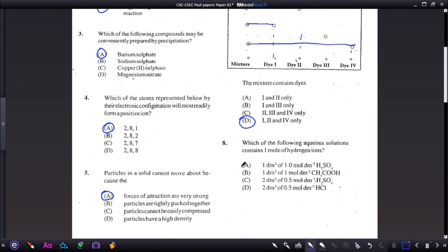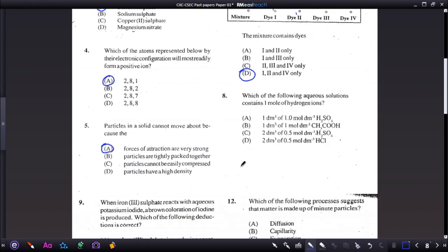Alright, question 8, which of the following aqueous solutions contains 1 mole of hydrogen ions? Sulfuric acid dissociates into 2H+ and SO4 2-.